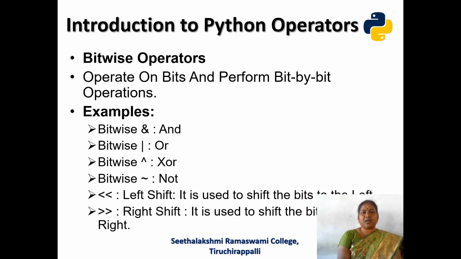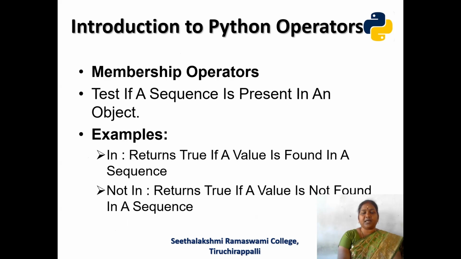Bitwise operator. They operate on bits and perform bit by bit operation: bitwise and, bitwise or, bitwise XOR, bitwise not, left shift and right shift. Left shift is used to shift the bits to the left. Right shift is used to shift the bits to the right.